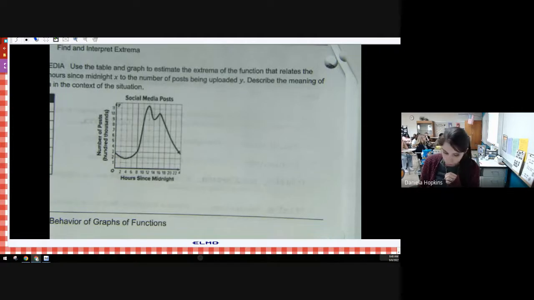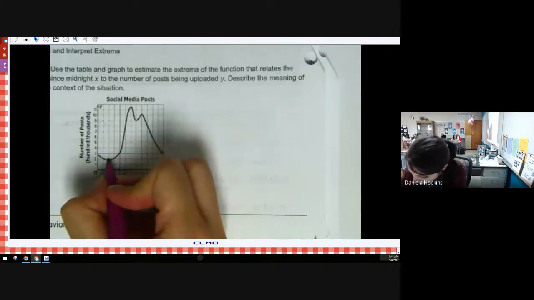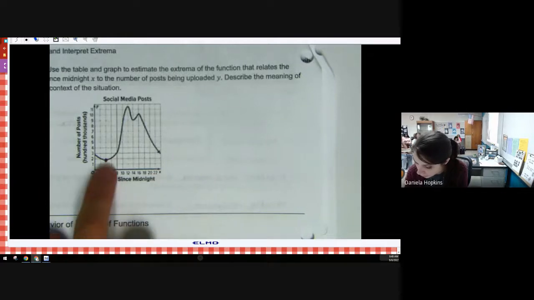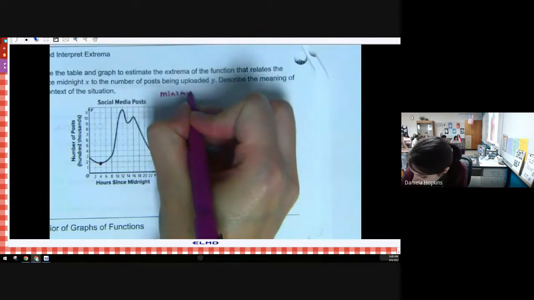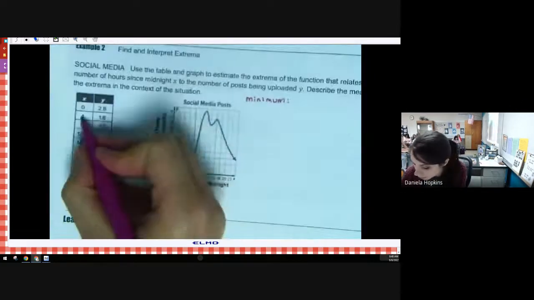So let's look at our minimums to start. We do have an actual minimum value here, and that's right here. I'm going to let the table approximate for me because it is actually on one of the X lines. So our minimum is occurring at X equals 4. So the table says that's at 1.8. If you look at the table here, at 1.8.